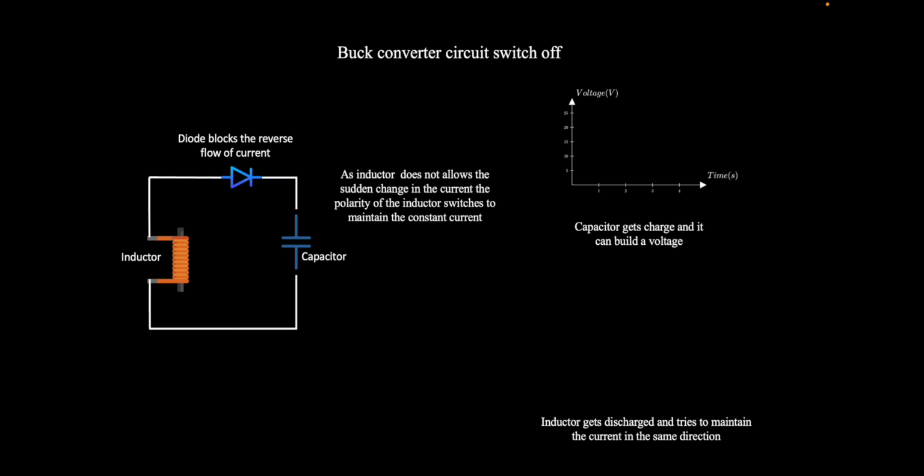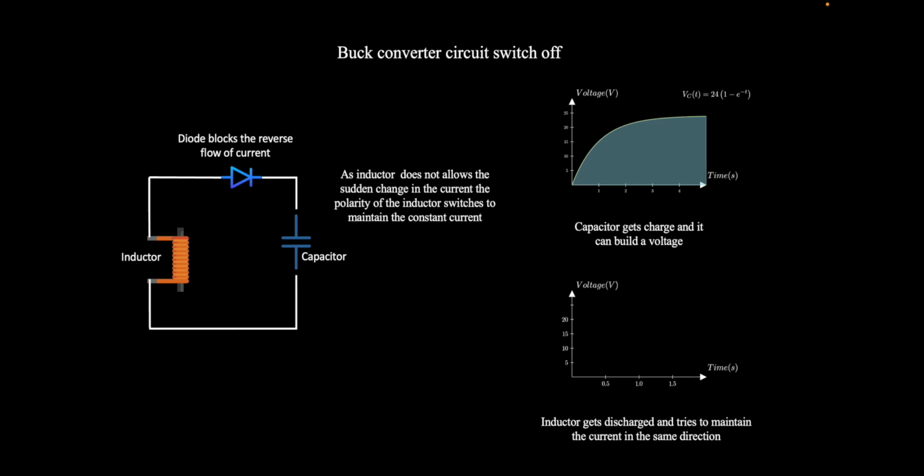So coming to the switch off state, in this case, we will not be connected with the source. The switch is off, and now the inductor tries to maintain the same current flow, because usually an inductor does not allow the change in the direction of current, and because of that the current keeps flowing in the same direction.